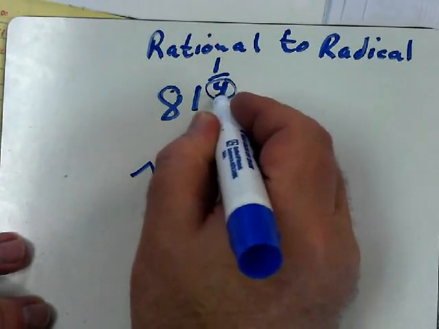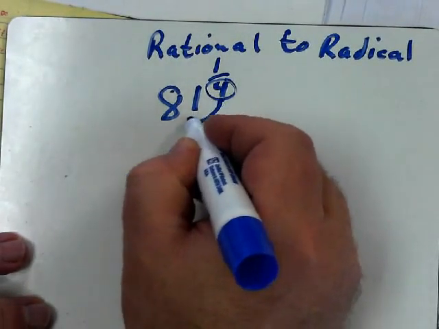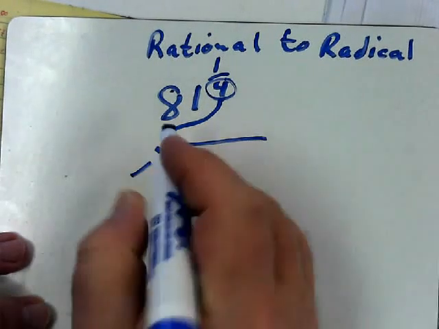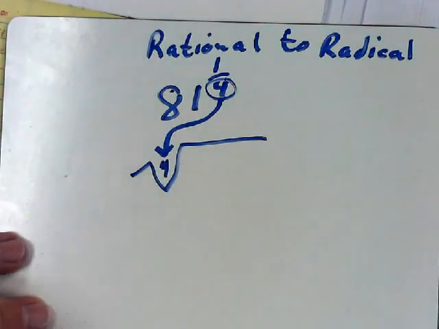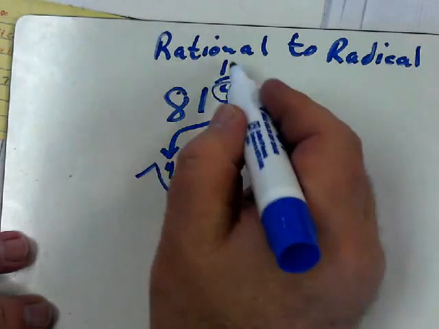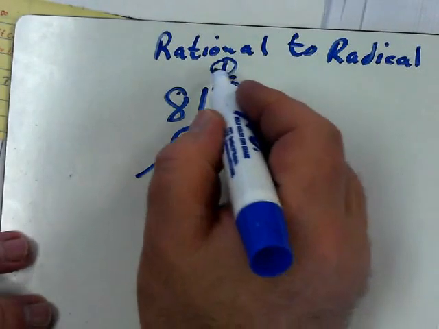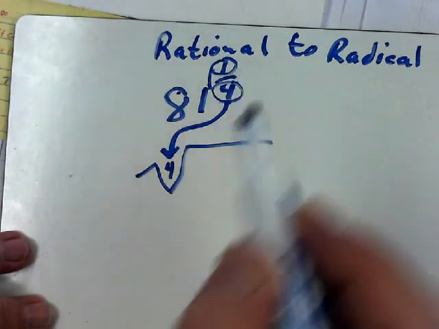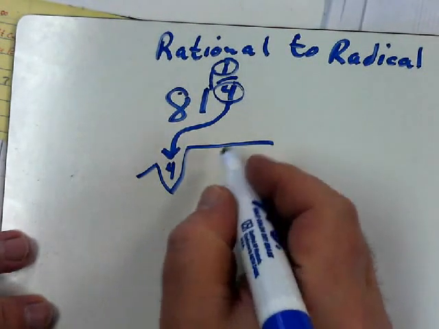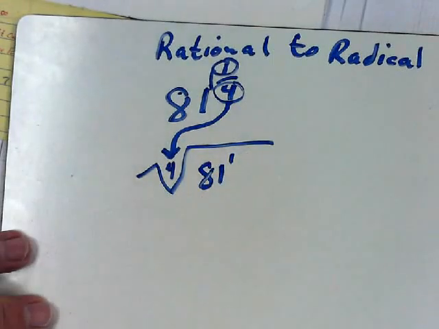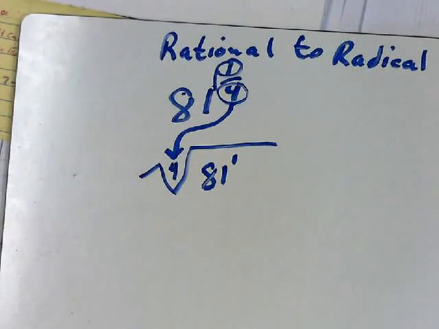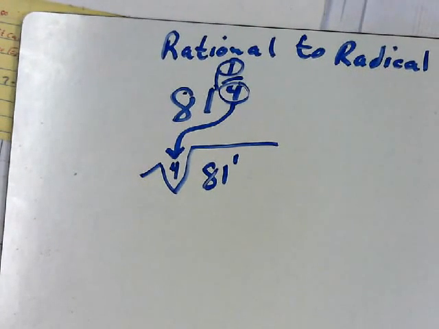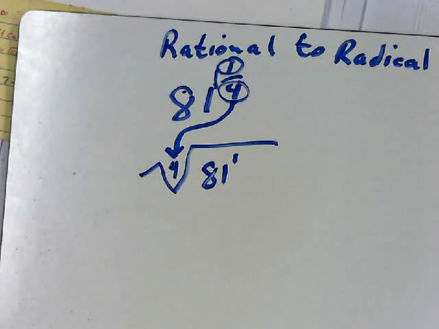So this comes down here, becomes a 4. The numerator becomes the exponent on the number or letter that's there, so I'd have 81 to the first. That's how I go from rational to radical.